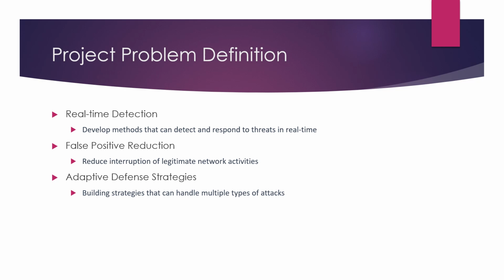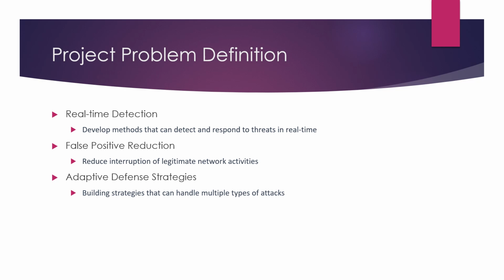We need to balance the need to detect malicious traffic while minimizing the false positives. A successful solution should reduce the false alarms, ensuring that legitimate network activities are not mistakenly flagged as malicious, which can strain resources and create unnecessary disruptions to our user base.